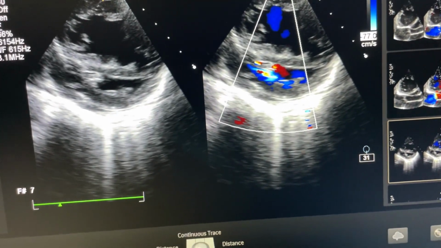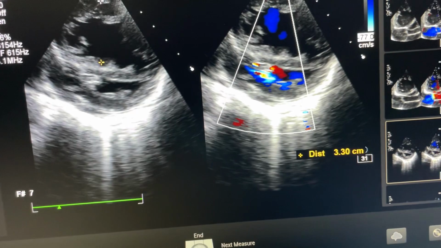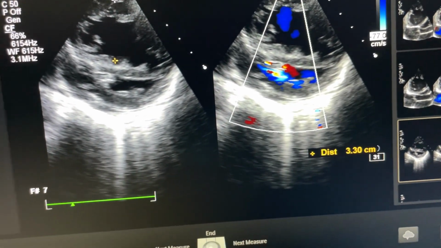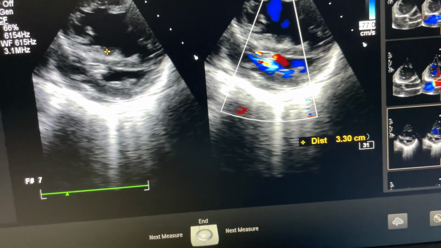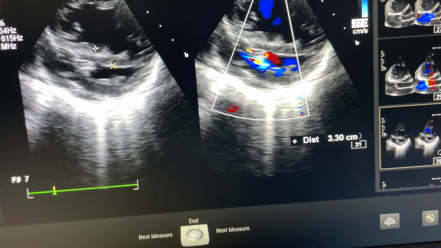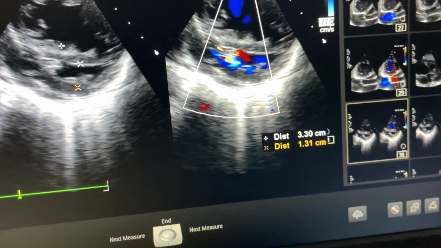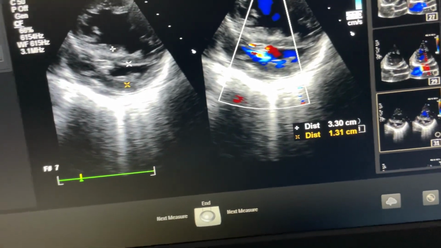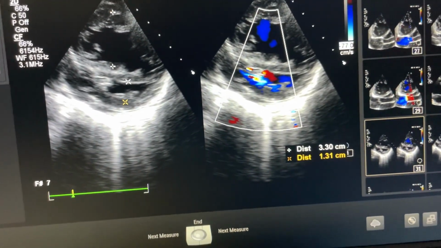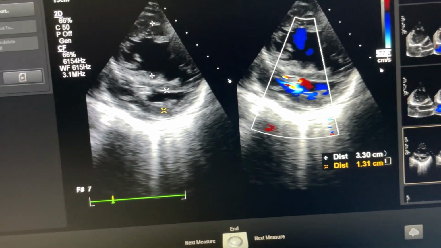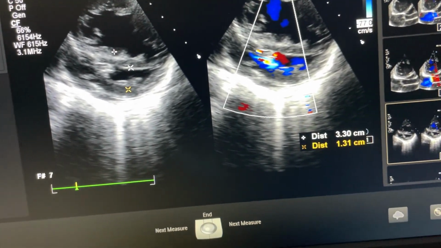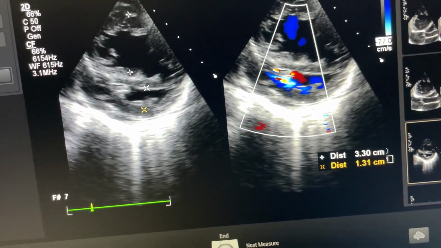This is size of right ventricle, 33 millimeter, and size of left ventricle is only 13 millimeter, almost more than 2 times you see. So LV chamber is D-shaped, indicating severely raised right ventricular systolic pressure.